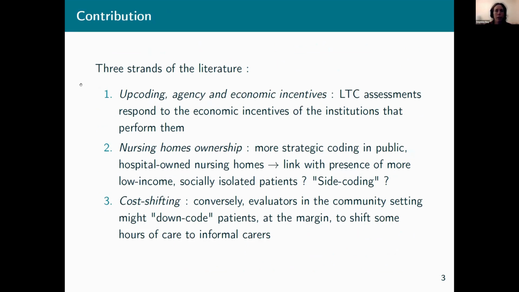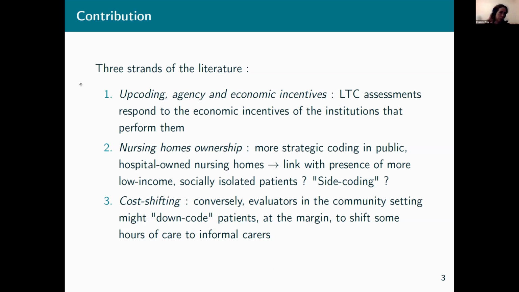First, about upcoding. I show that long-term care assessments also respond to the economic incentives of the institutions that perform them. Nursing home ownership matters, because I see differences in this strategic coding behavior depending on the ownership of the nursing homes, but it goes the opposite way from what we would expect, because public hospital-owned nursing homes seem to upcode patients the most, and not privately owned nursing homes.